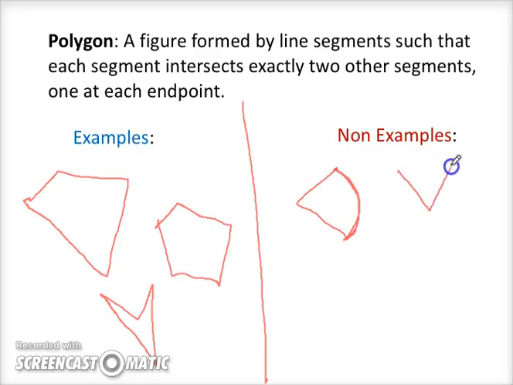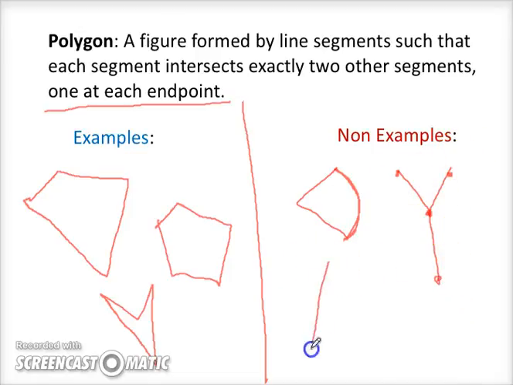Another non-example could be something like this. Yes, it's made out of line segments. Yes, each line segment intersects two other line segments, but they don't intersect the other line segments at each endpoint. So that's where the definition breaks down for this figure.